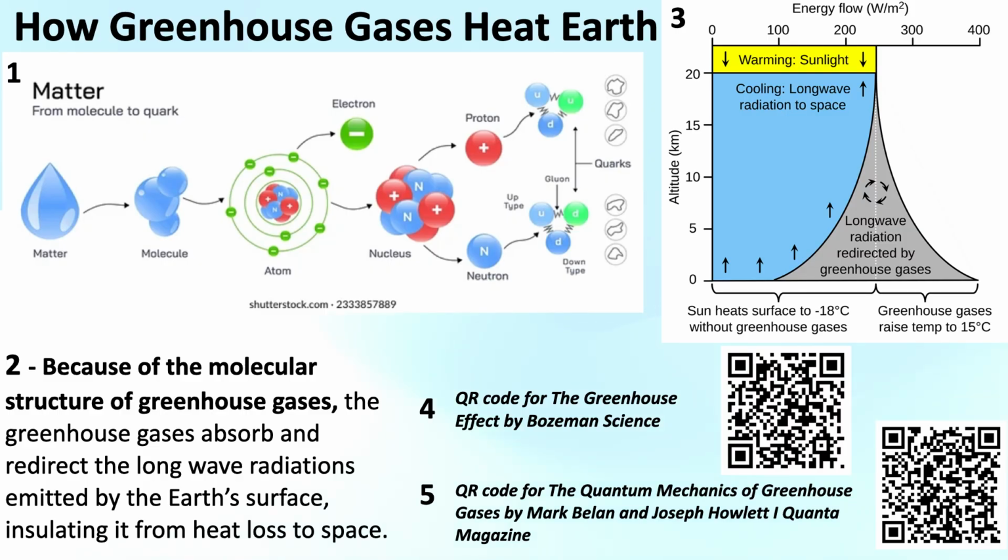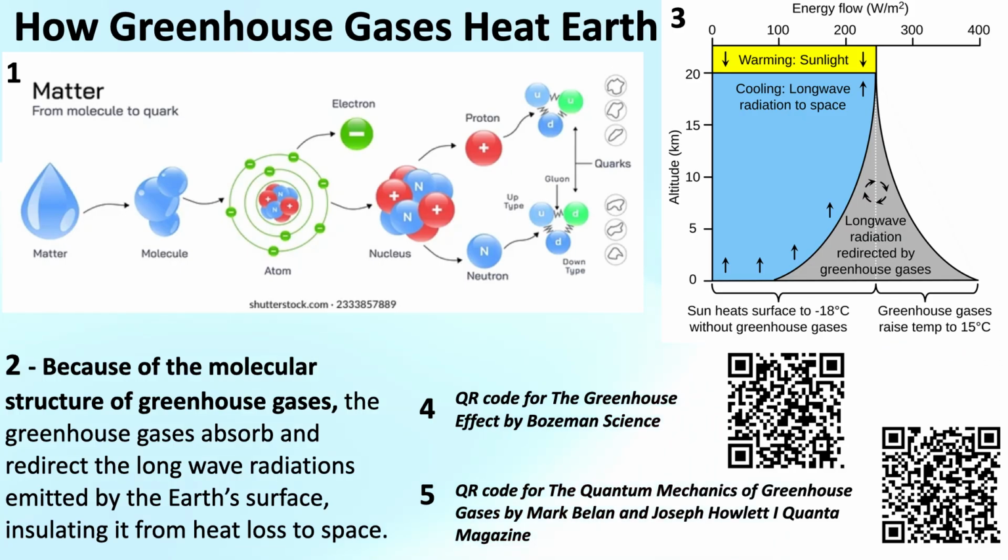If you take a look at the illustration on the right, you can see sunlight coming in. Some of it goes back up through the atmosphere, and some of it, even as long-wave radiation, escapes the greenhouse gases and goes harmlessly into space. But some of it is in turn captured by these greenhouse gases and redirected.